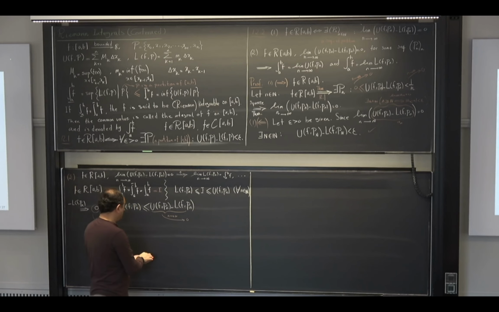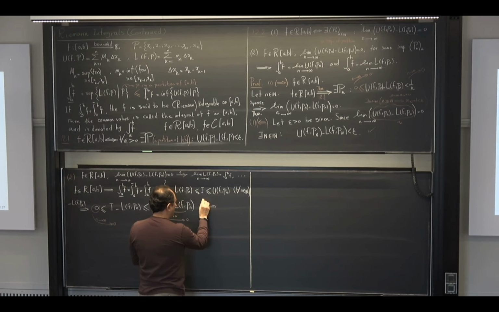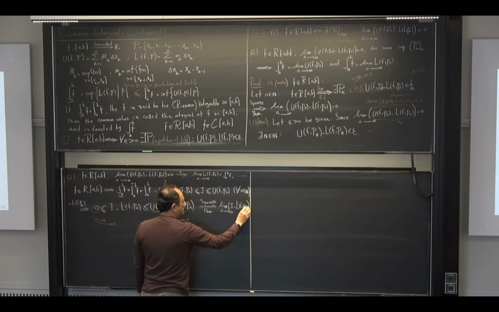So by squeezing theorem, what I can conclude is that the limit of I minus L(f, P_n) as n goes to infinity is equal to 0. But I is a constant.